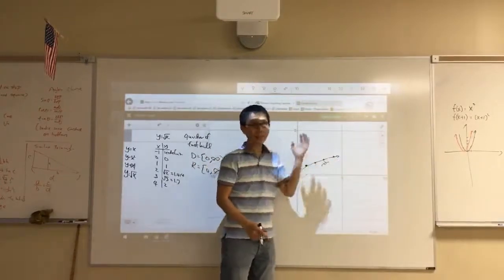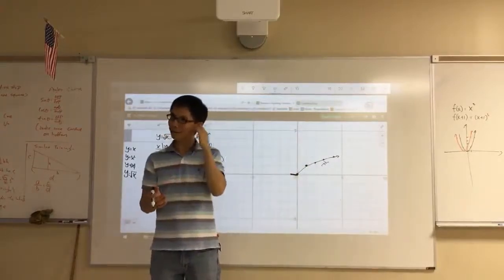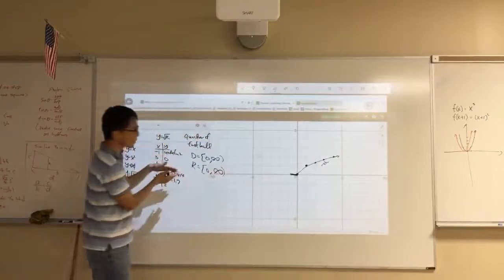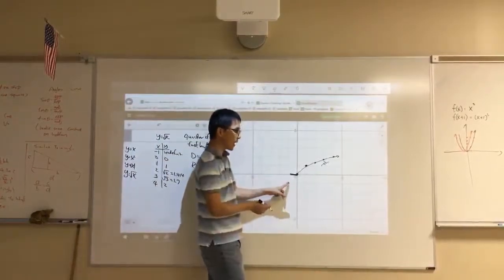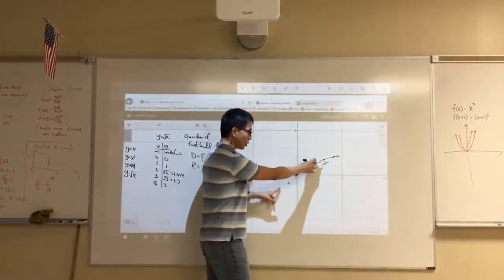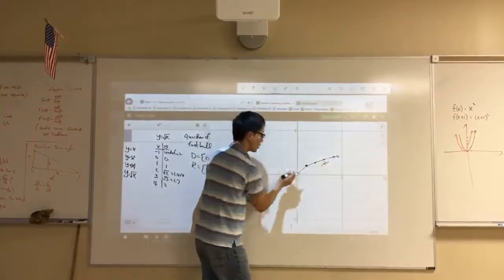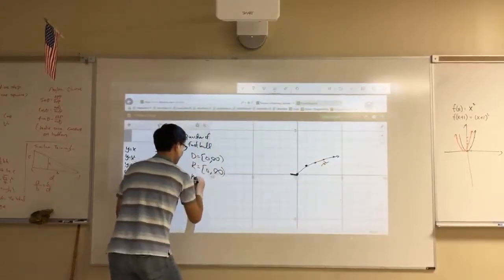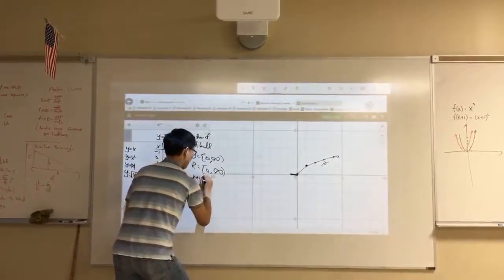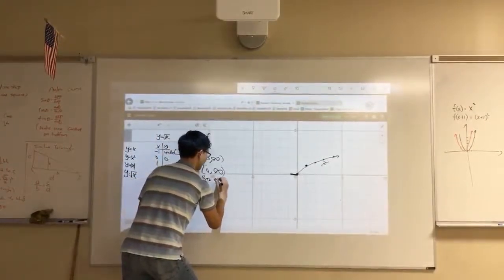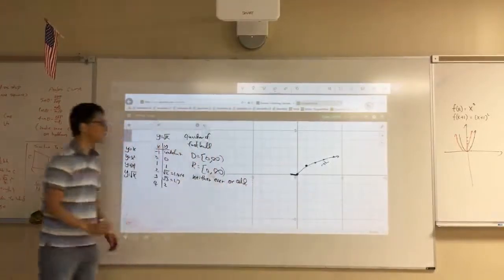Okay, so that is not an even function, but it's not an odd function either. Usually an odd function has symmetry to the origin, so you should have a point on the opposite side of the origin if it's odd, but it doesn't. So it's neither even nor odd.